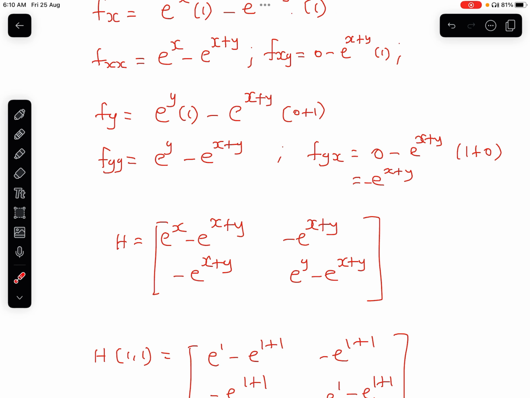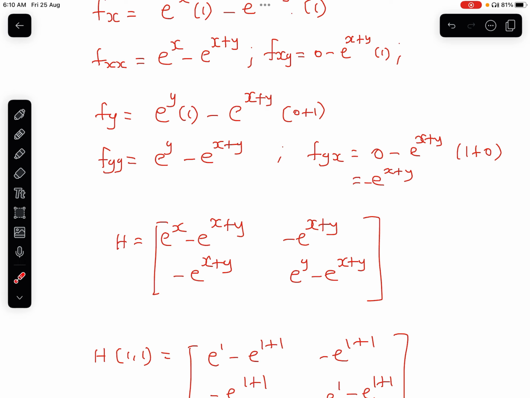For fy, we will get e power y into 1 minus e power x plus y into 0 plus 1. And while differentiating y for the second time, fyy we will get e power y minus e power x plus y. And f of yx we will get as minus e power x plus y.